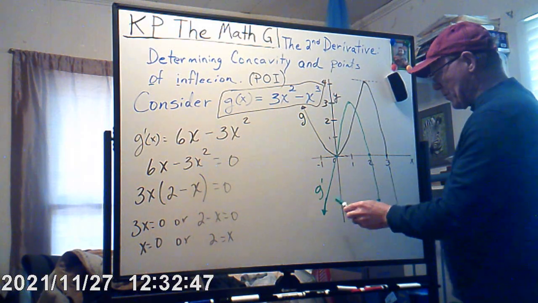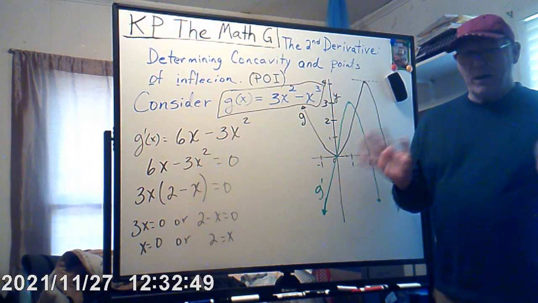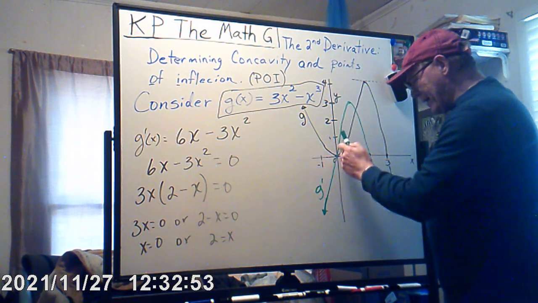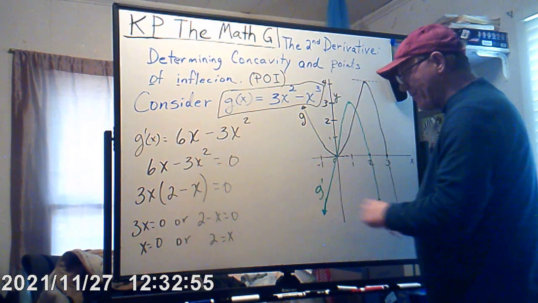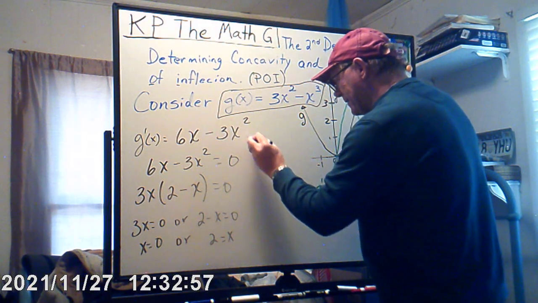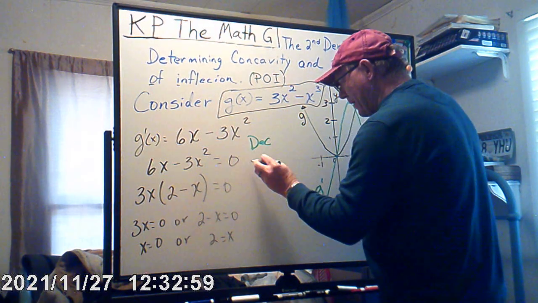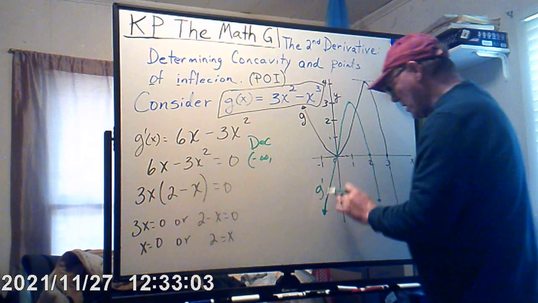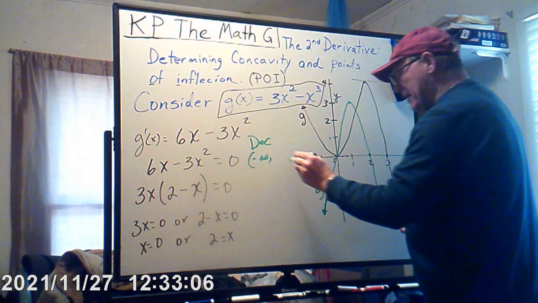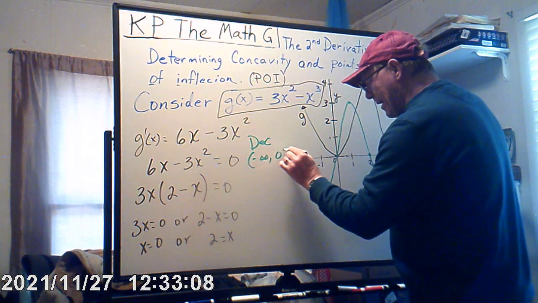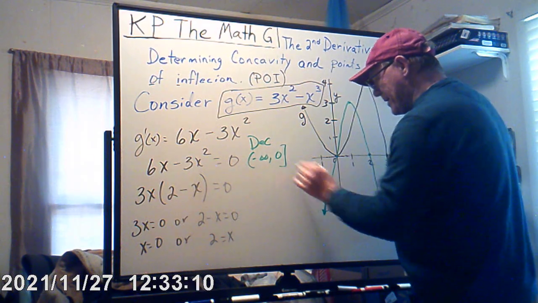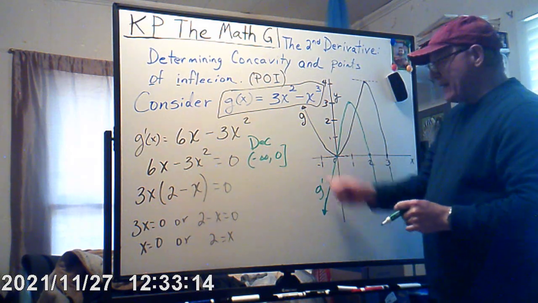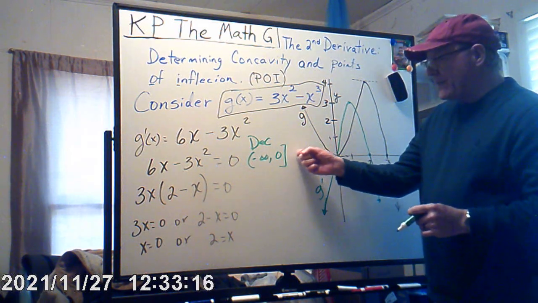So this just simply means, where is G increasing and decreasing? It is definitely decreasing from negative infinity to 0. Remember, as long as the graph is below the x-axis, G is decreasing.